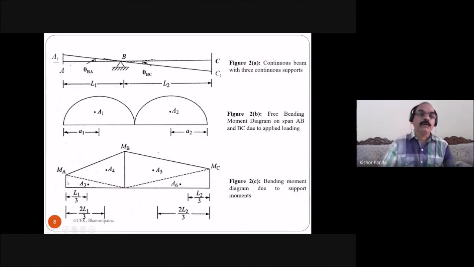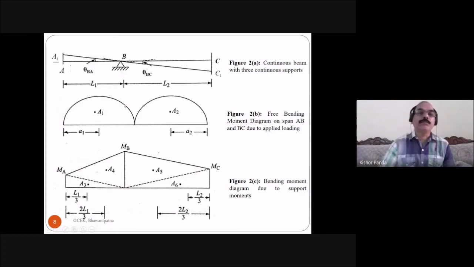The centroidal distance of area A3 from end A is L1 by 3, and of area A4 from support A is 2L1 by 3. Similarly, the centroidal distance of A5 from support C is 2L2 by 3, and of area A6 from support C is L2 by 3.